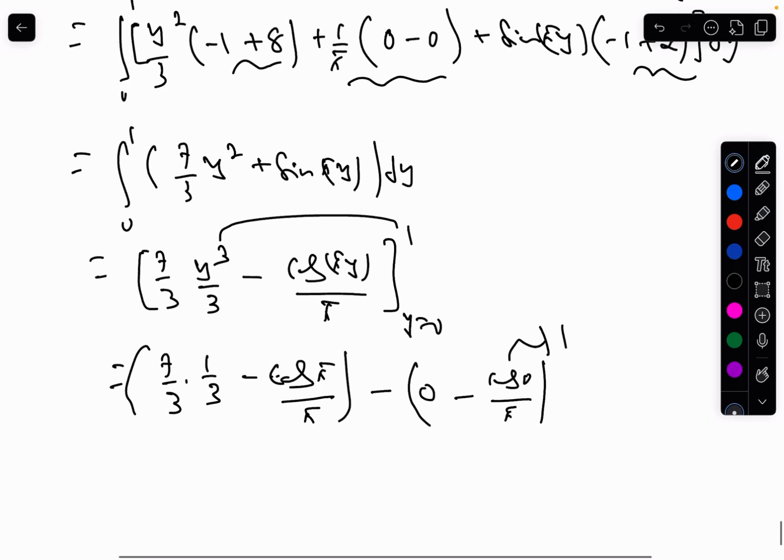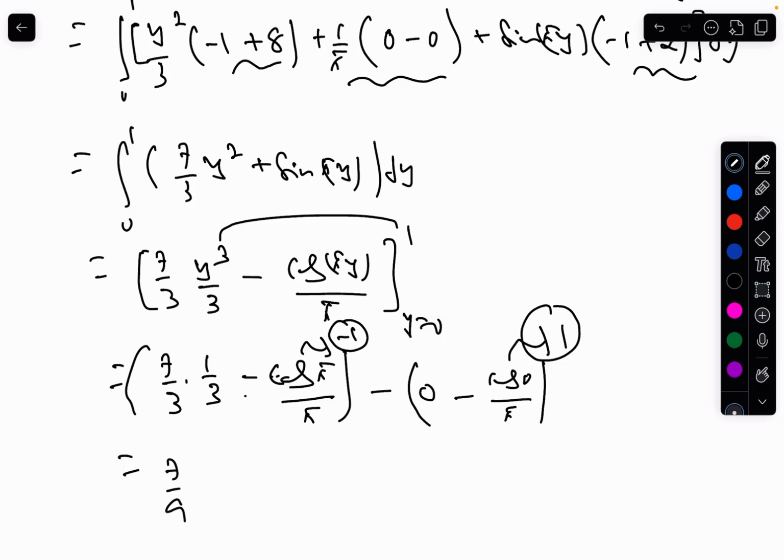So this is 1, this is -1. So this is 7 by 9, minus minus plus 1 by pi, and this is also minus minus plus 1 by pi. So 7 by 9 plus 2 by pi.